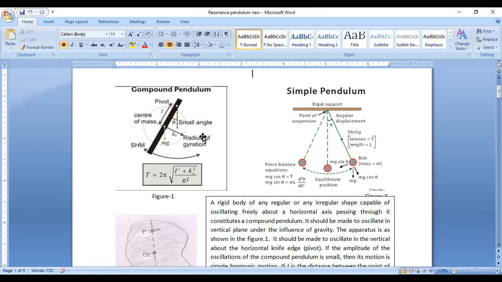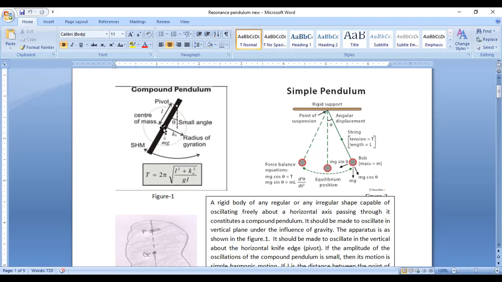And this is the pendulum which you have used in first year BSc. You can see that the periodic time of the compound pendulum is given by this expression: 2 pi square root of (L square plus K0 square) divided by g L, where this small l is the distance between the point of suspension to the center of mass of the pendulum.